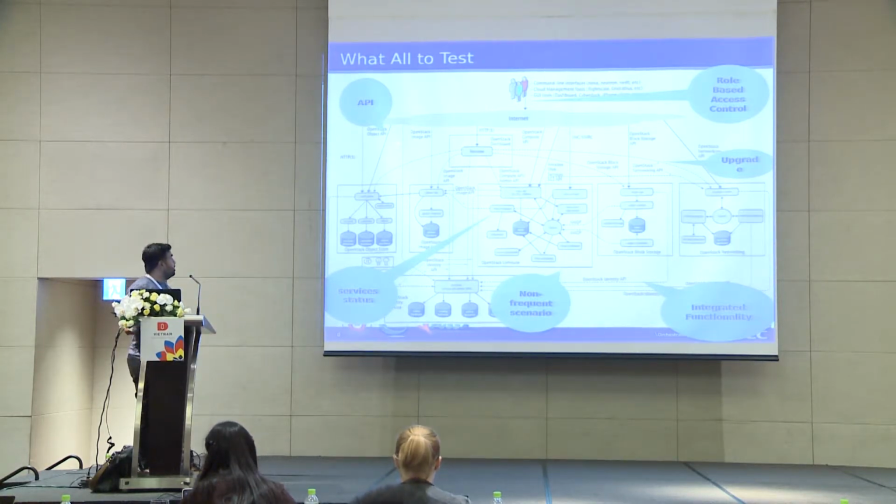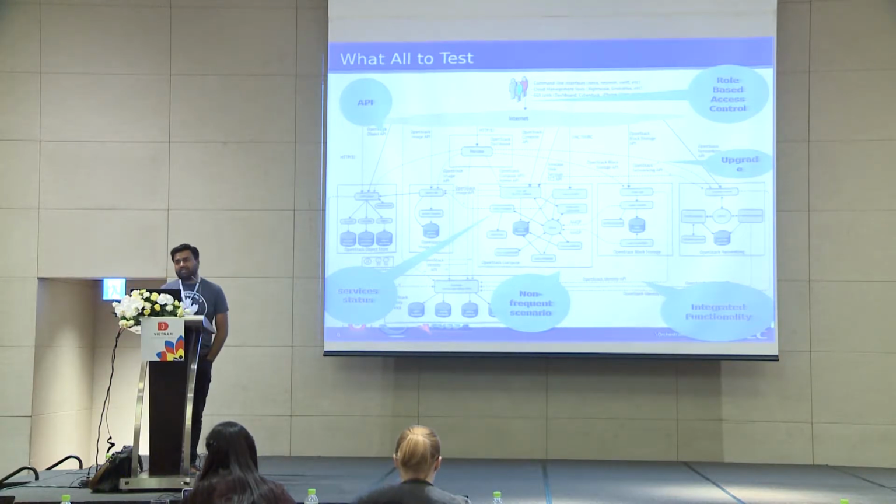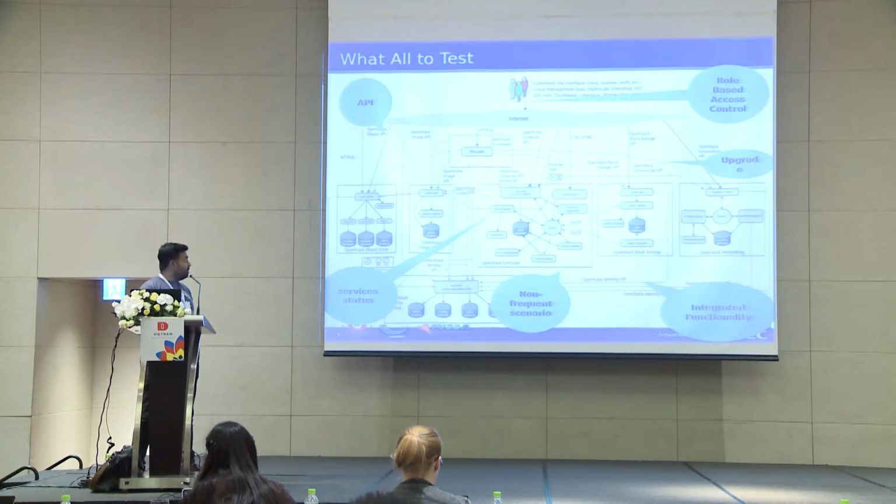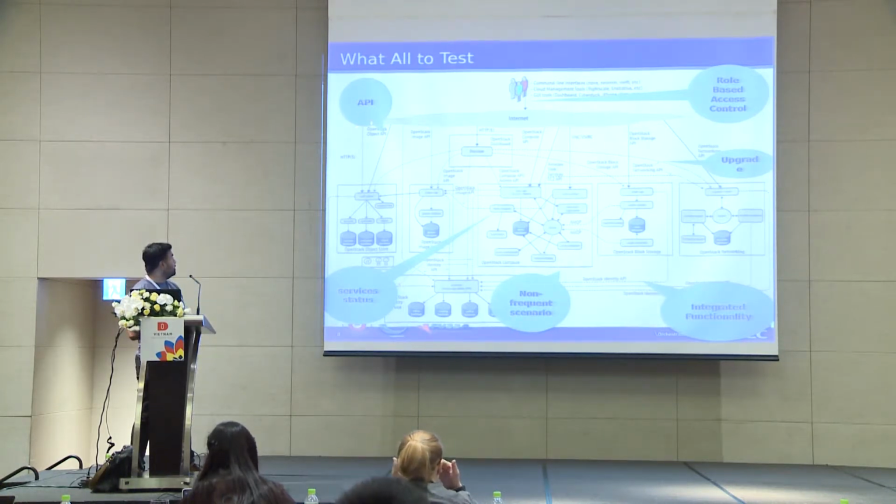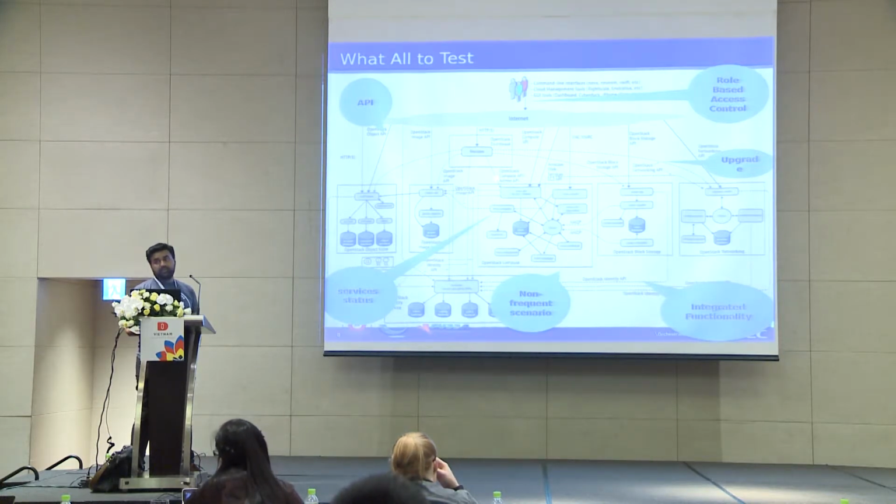First is the API, which is very important. You might not be directly exposing the OpenStack APIs to your end users. They might use an SDK, dashboard or something, but internally they use the APIs to interact with each of the OpenStack services.